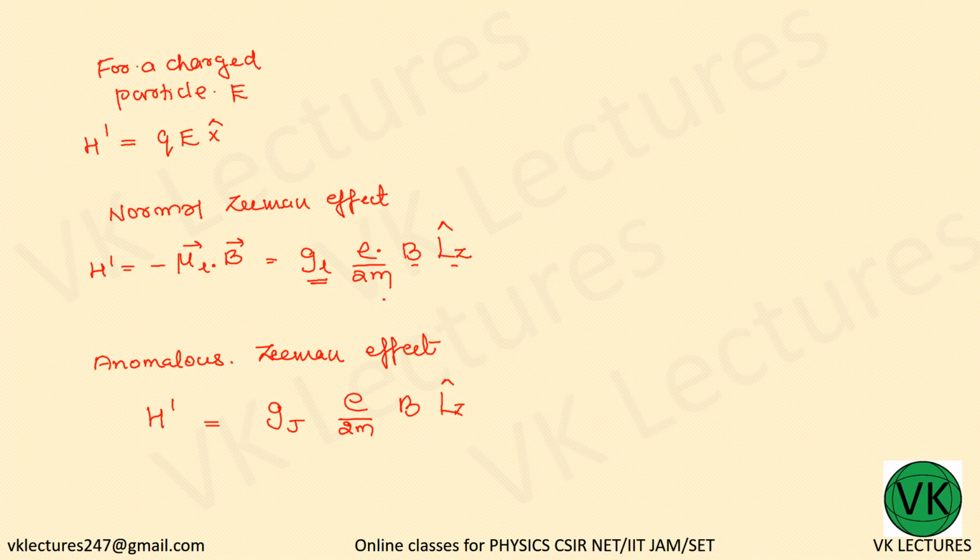Now GJ is the constant corresponding to total angular momentum, where J equals L plus S, which is orbital angular momentum and spin angular momentum, and B is the magnetic field.